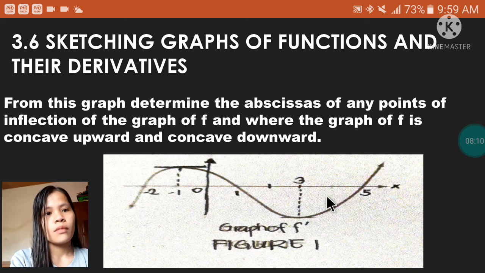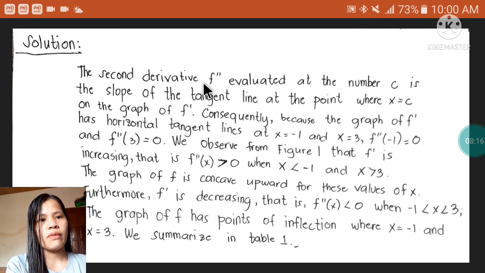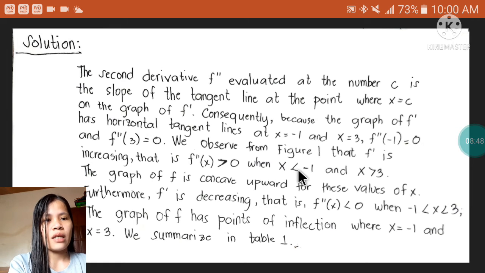Okay, here is the solution. The second derivative of f evaluated at the number c is the slope of the tangent line at the point where x is equal to c on the graph of f prime, and consequently, because the graph of f prime crosses the x-axis, the second derivative of f at 3 is equal to 0. We observe from figure 1 that f prime is increasing. That is, the second derivative of f of x is greater than 0 when x is less than negative 1 and x is greater than 3.